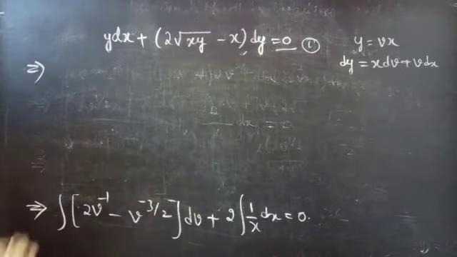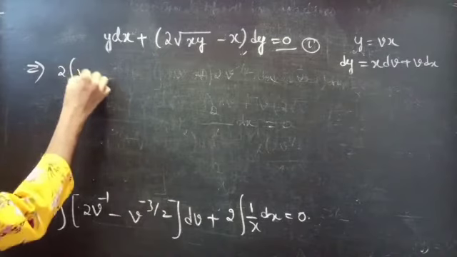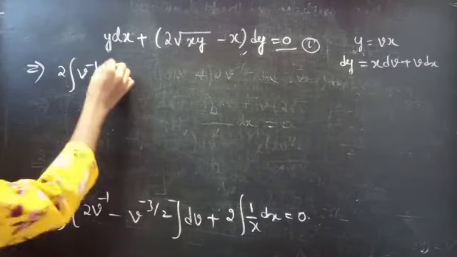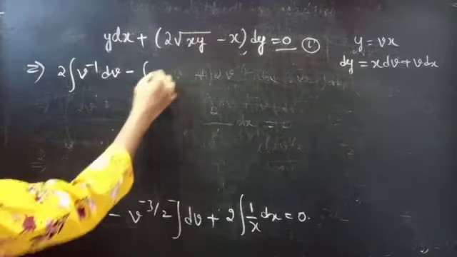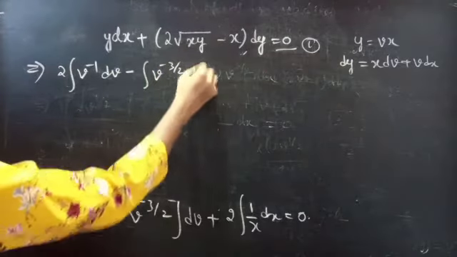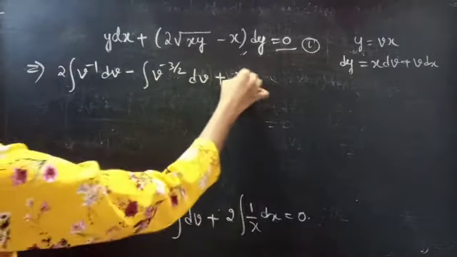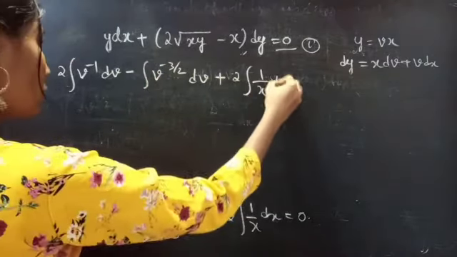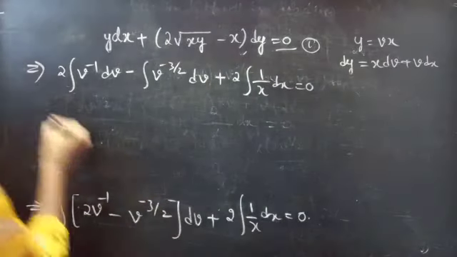This becomes 2 into integral v inverse into dv minus integral v power minus 3 by 2 into dv plus 2 into integral 1 by x into dx equals to 0, right?